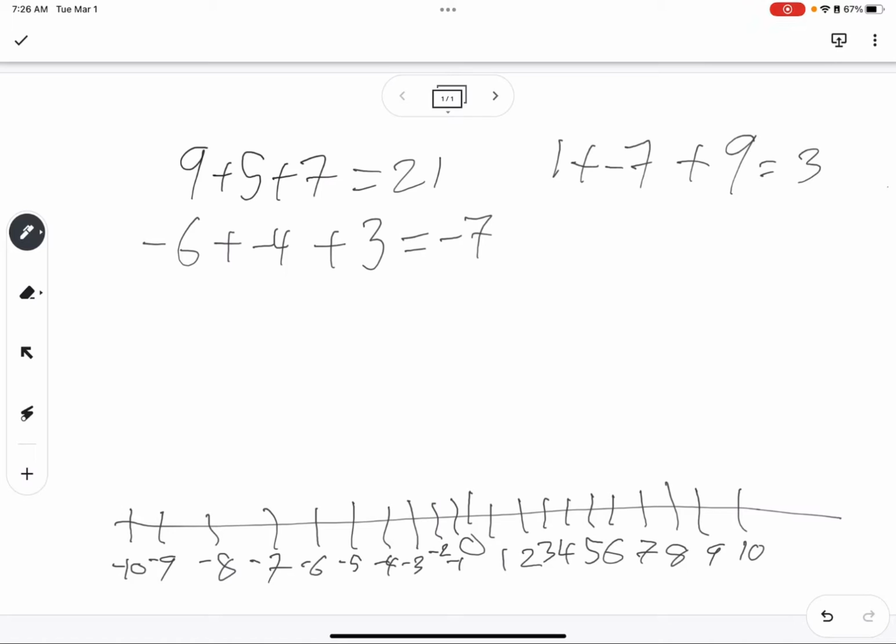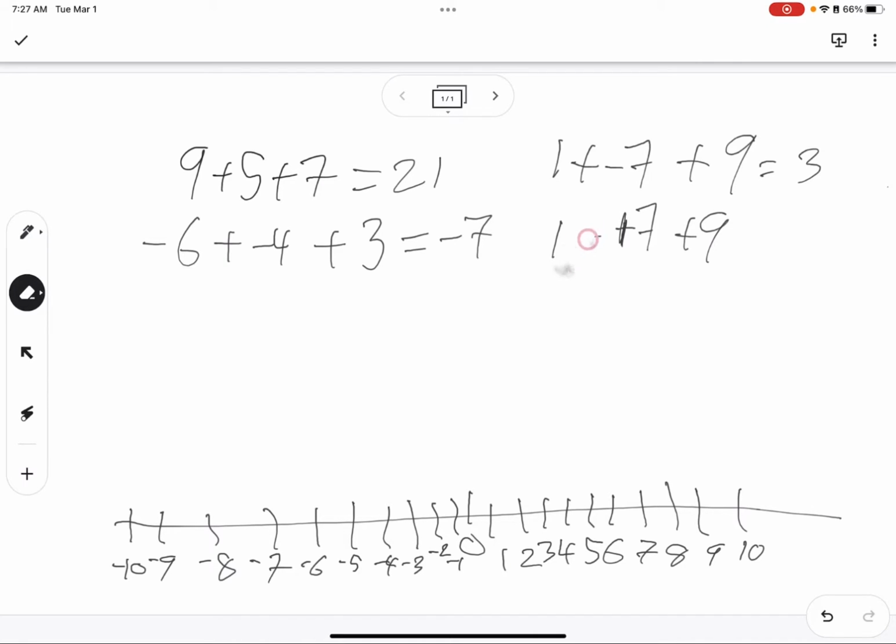Now let's do 1 minus negative 7 plus 9, okay? So starting here at positive 1. Now, notice I've got 2 negative signs right next to each other. And remember, they're magnetic. This one's sticking to the 7, but this one wants to stick to this, which will make it a positive sign.